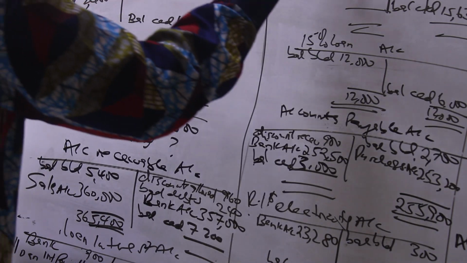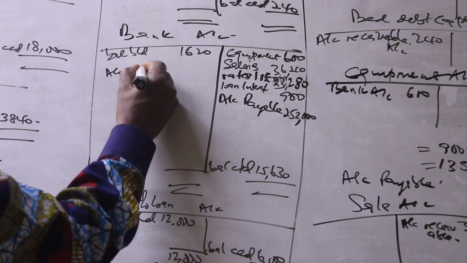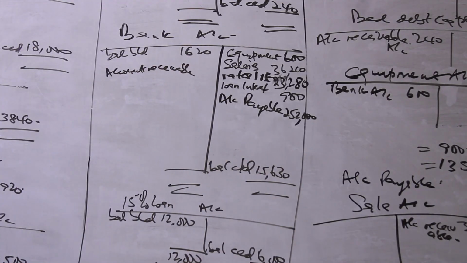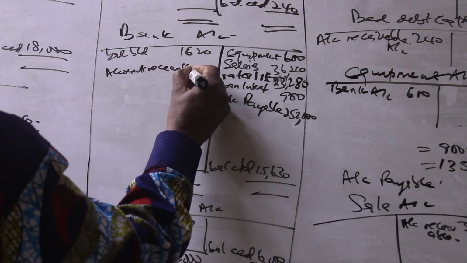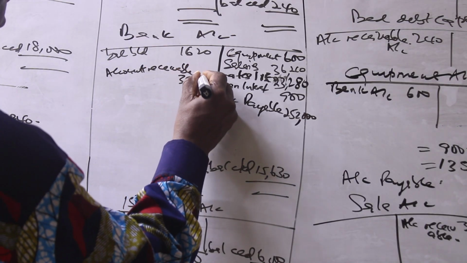So we come here and we say accounts receivable. But there is something we have missed here. Accounts receivable is a figure of 357,000.